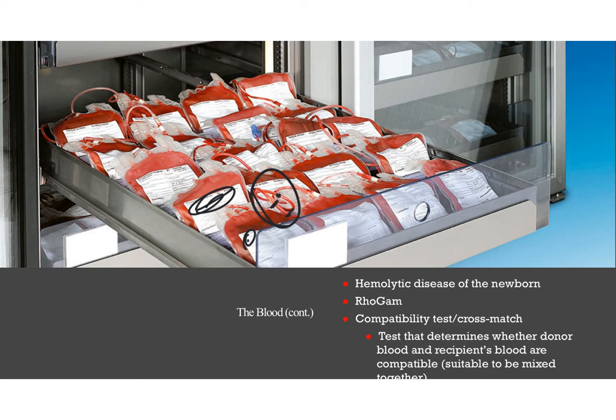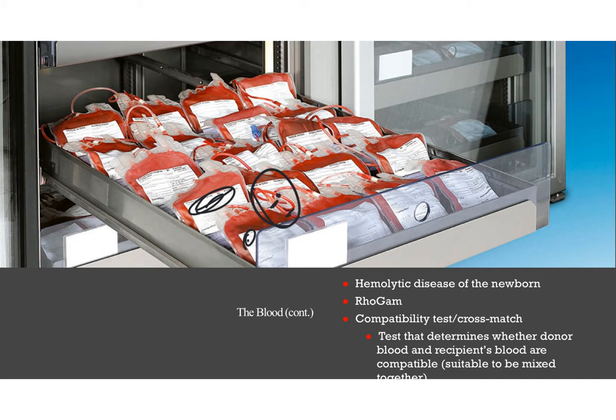We are sure that according to our first test of blood typing, they are compatible. And then what we do, we look for their antibodies, and we want to make sure that the donor does not have antibodies to the recipient's antigens on their red blood cells, right?